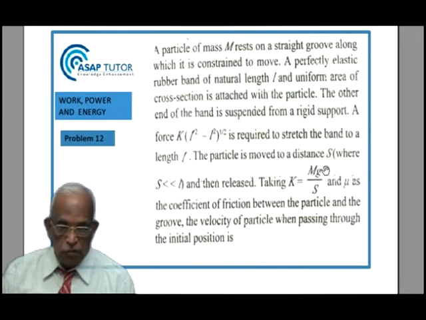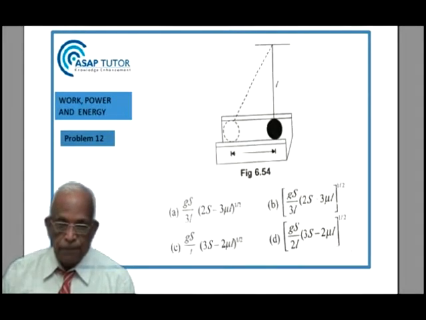The particle is moved to a distance S, where S is far less than L. Notice I am moving it by a small distance and then releasing it. Taking K to be mg by S and mu as the coefficient of friction between the particle and the groove, the velocity of the particle when passing through the initial position is what is asked.